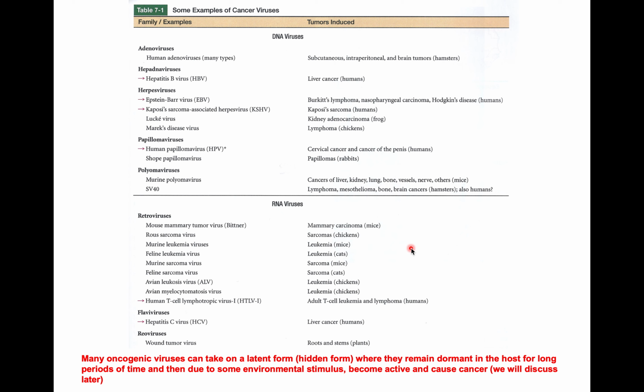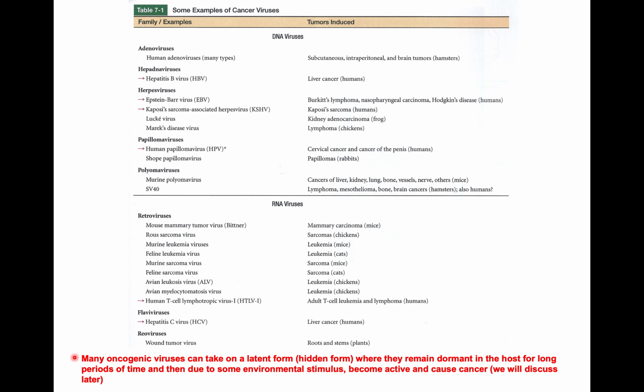And there's now quite a long list of these. We have these grouped into DNA versus RNA viruses, depending on whether the viruses have a DNA or RNA genome. We'll go through some of these that are more prominent in terms of their ability to cause cancer in humans. But just to give you an idea, since those first experiments in the early 1900s, we have grown that list substantially.